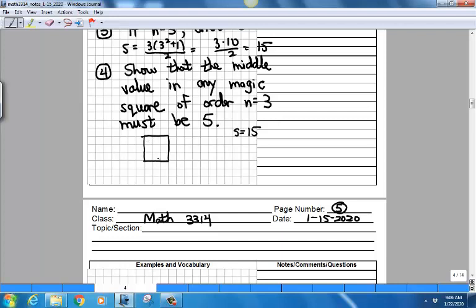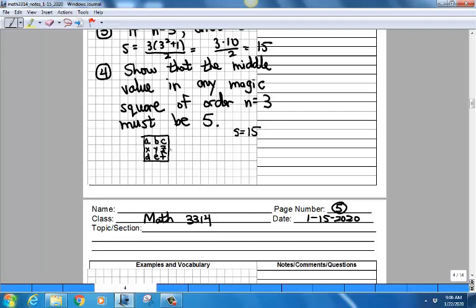I'm just going to label the values in the squares by variables, and try to make it somewhat systematic. I'm going to call the first row A, B, C and the second row X, Y, Z, and the third row is a little bit less artful, but that's going to be D, E, and F. Of course we know that if you add up ABC or XYZ or DEF, or AYF or DYC, those always have to add up to 15.